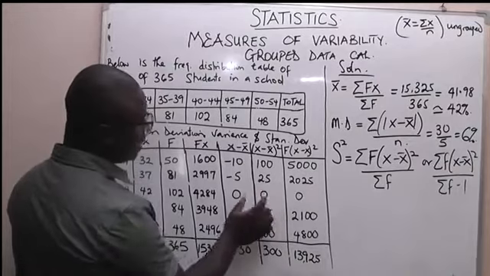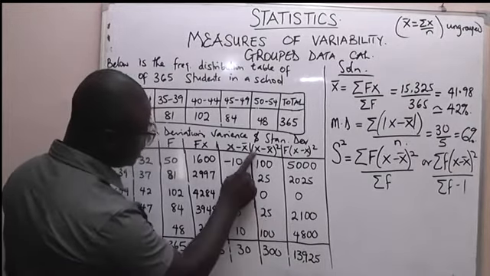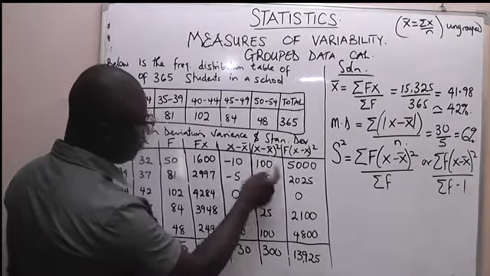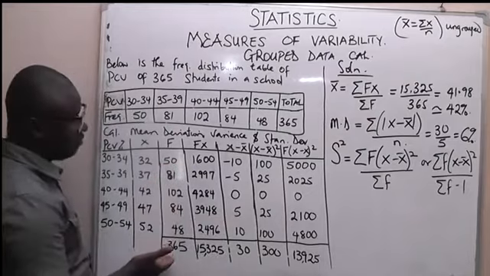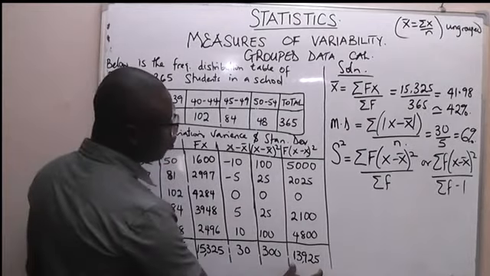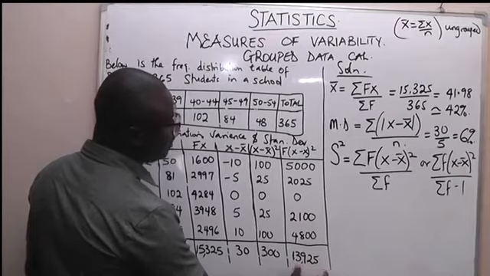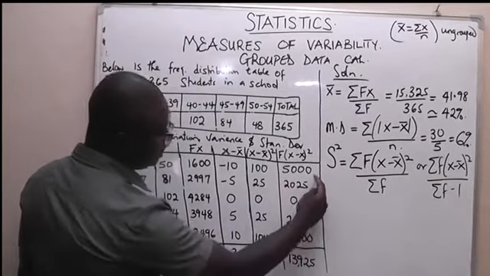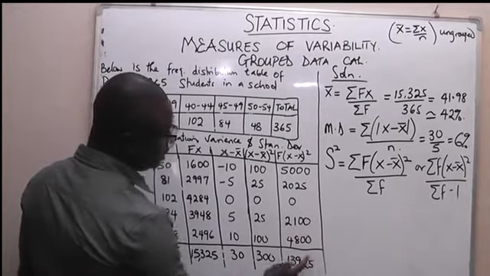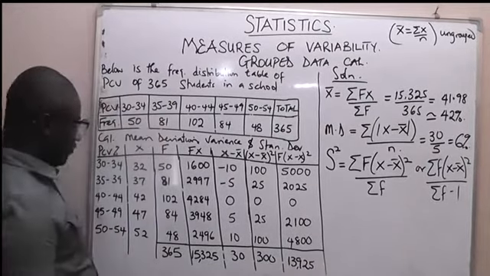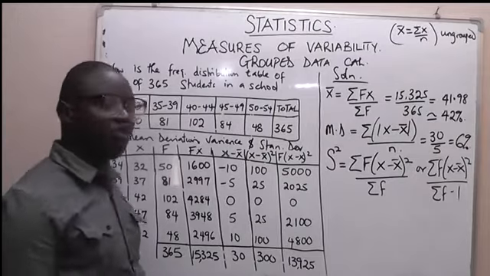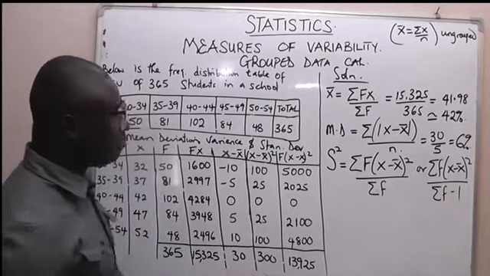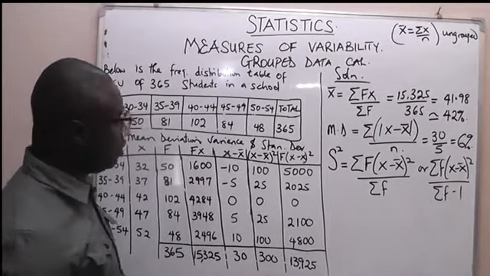So you notice that we multiply what we have here, which is x minus x bar squared, with our values of f. Now, to calculate our variance, we need to sum these last columns together. So this plus this plus this plus this gives us 13,925. So we plug this value into our work.